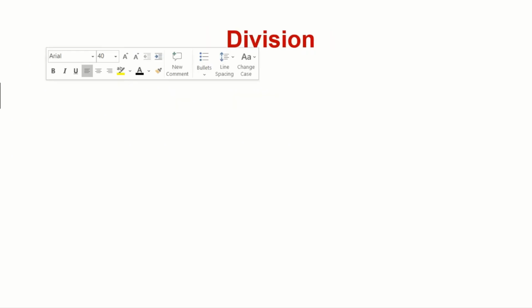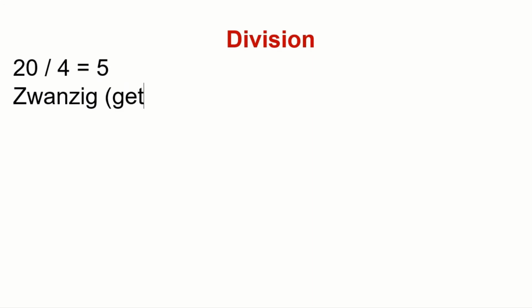And let's talk about division too. If we want to say 20 divided by 4 is 5, in German it will sound like 20 geteilt durch 4 sind 5.